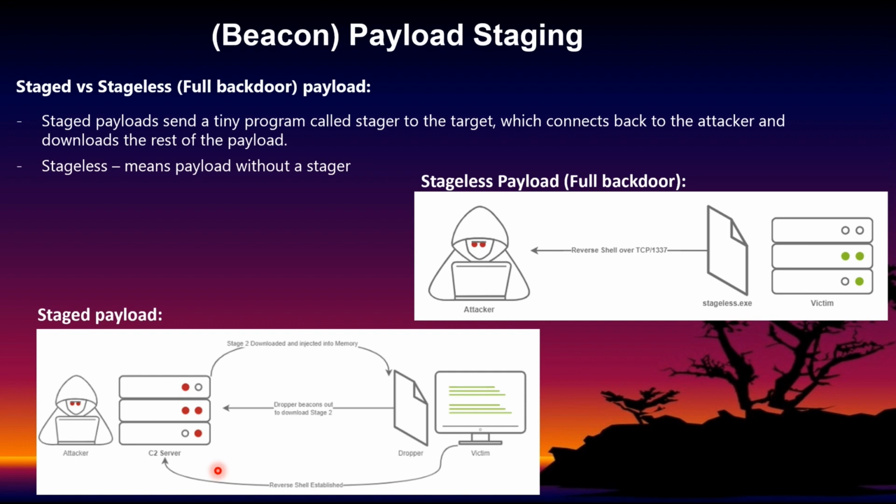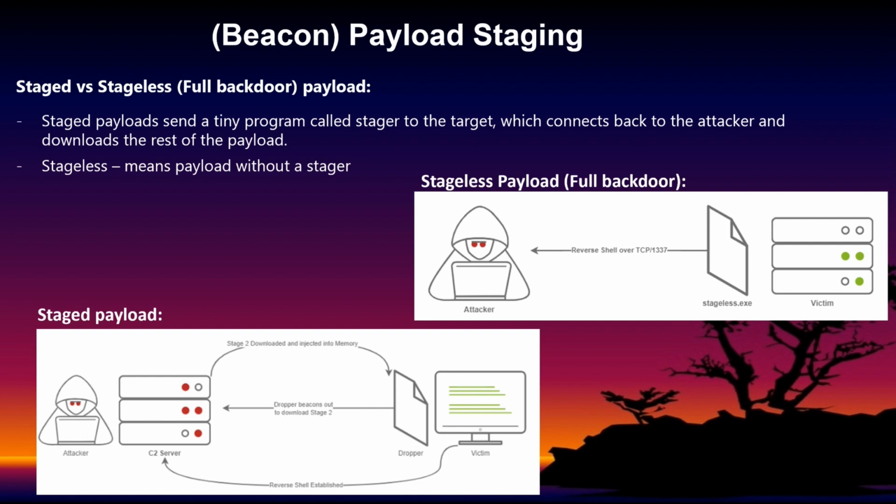The initial executable is typically called a dropper. To receive a second stage, it's beaconing out, and the second stage contains the complete program. Sometimes this may just be shellcode, other times it could be a completely separate module like Mimikatz.